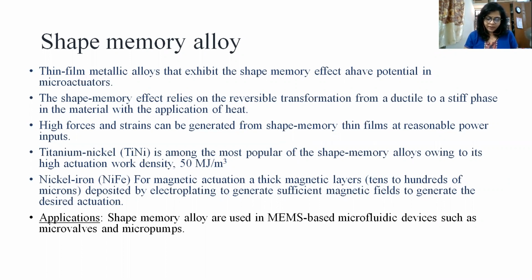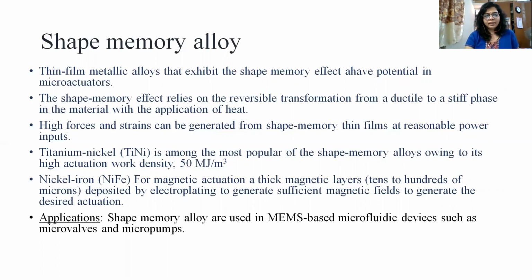The reversible phase change allows the shape memory effect to be used as an actuation mechanism, since the material changes shape during the transformation. High force and strength can be generated with reasonable power input. Shape memory alloys are used in MEMS-based microfluid device actuation and as micro valves and micro pumps.